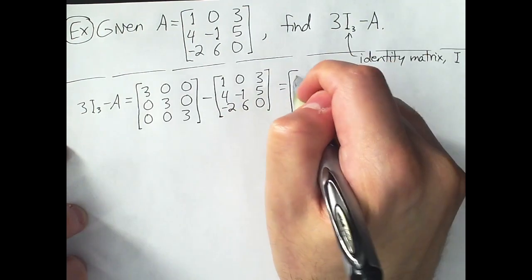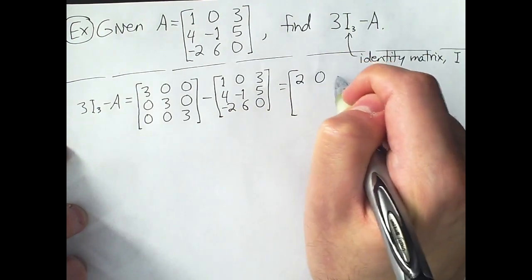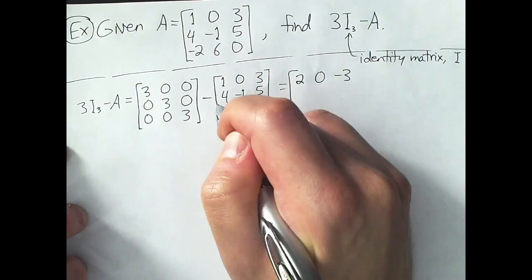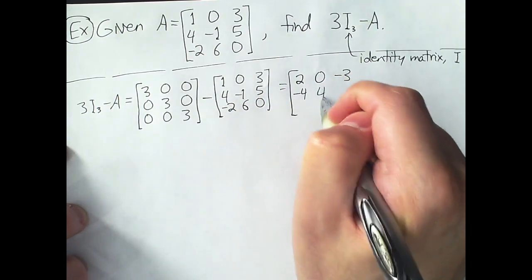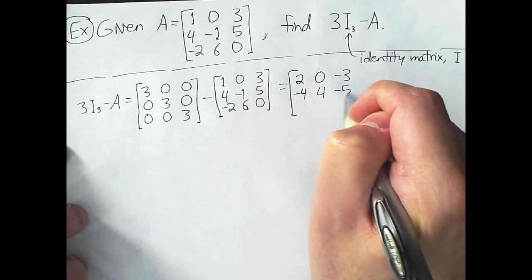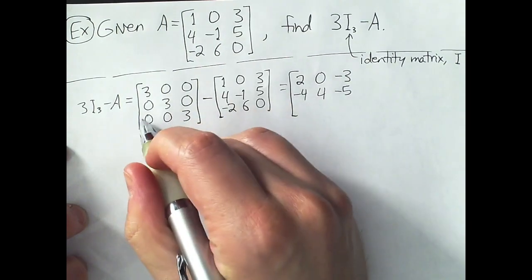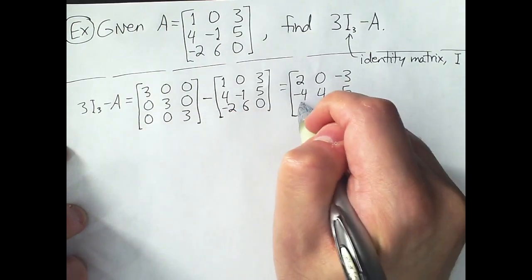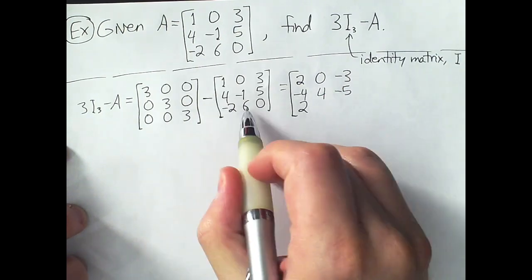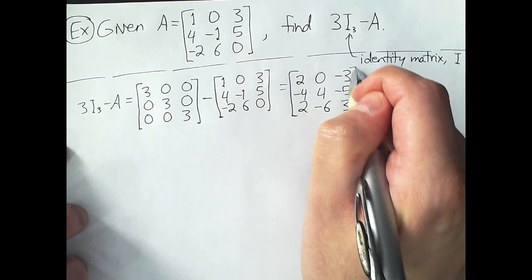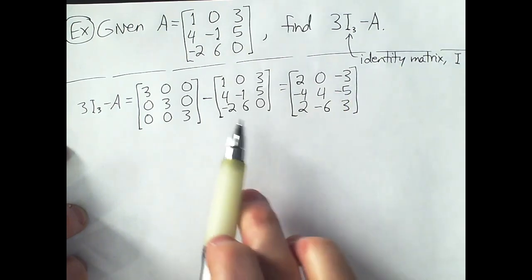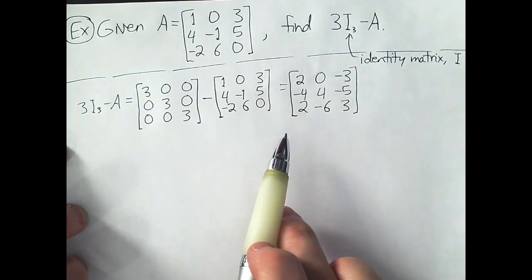Three minus 1 is 2, 0 minus 0, 0 minus 3, 0 minus 4, 3 minus -1, 0 minus 5, 0 minus -2, 0 minus -2. So that's 2, 0 minus 6, and 3 minus 0. Let's just take a quick look, double check everything. Yeah, that looks good.